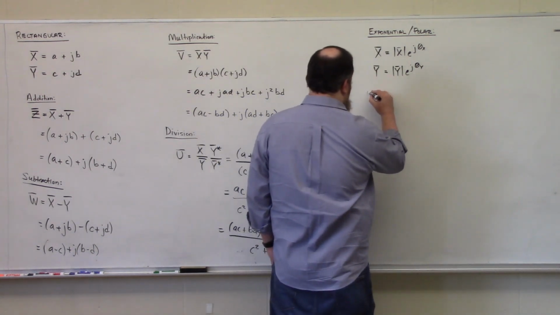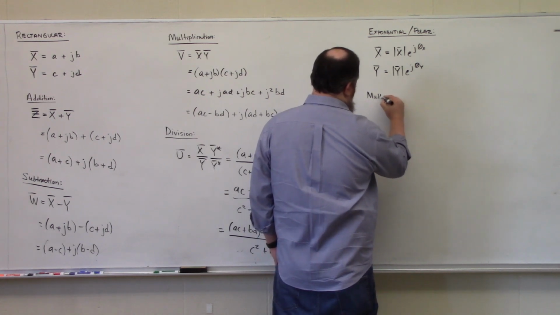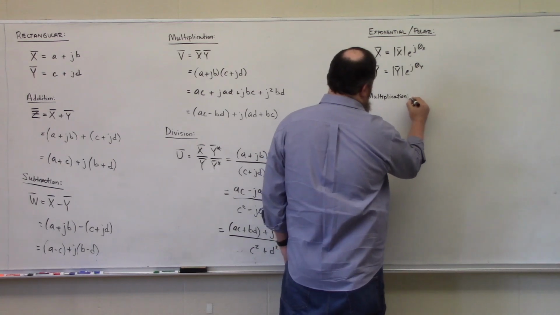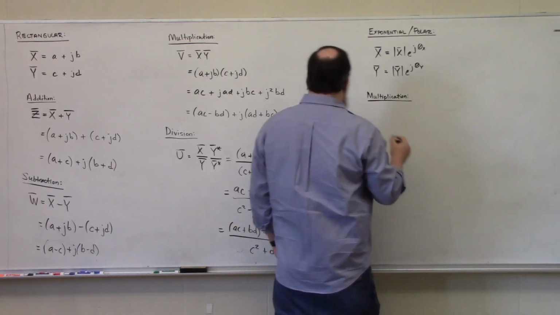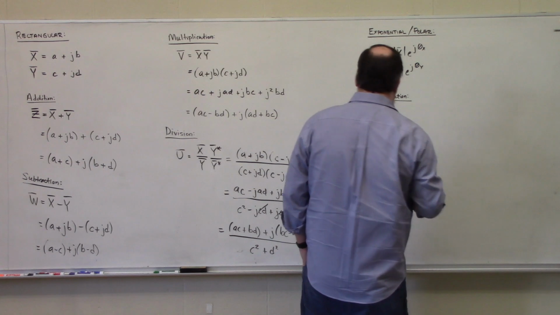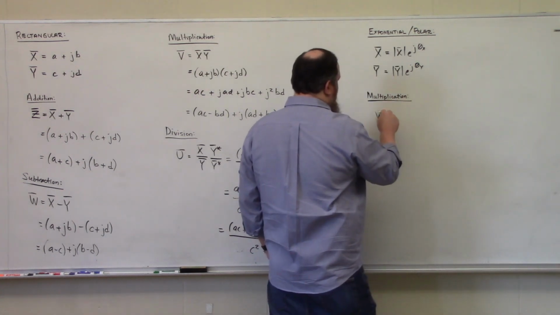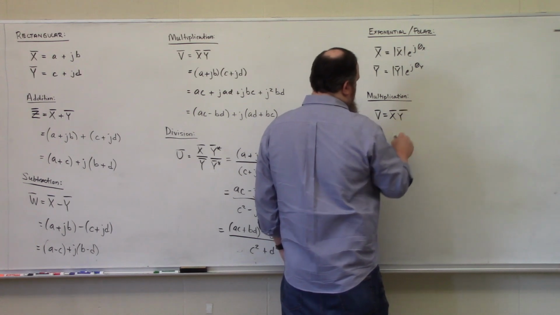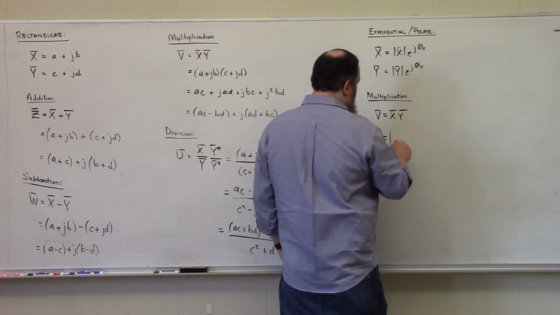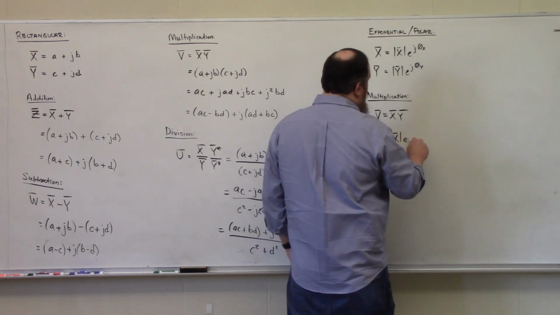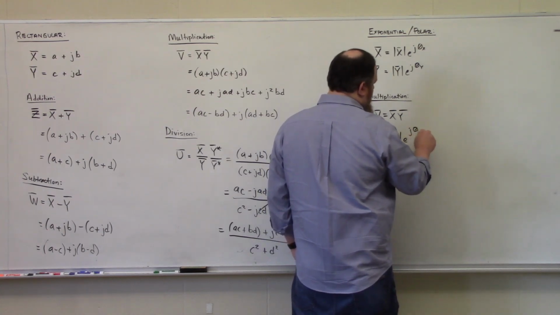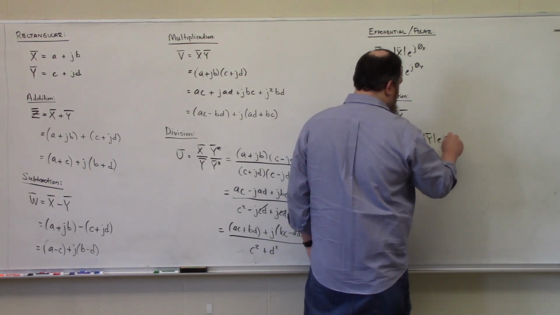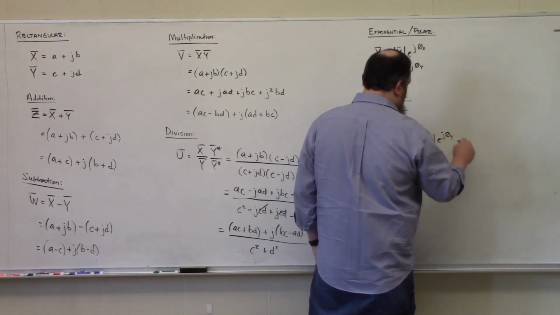Our multiplication operation, where we defined v as x multiplied by y, becomes the magnitude of x e to the j theta x multiplied by the magnitude of y e to the j theta y.